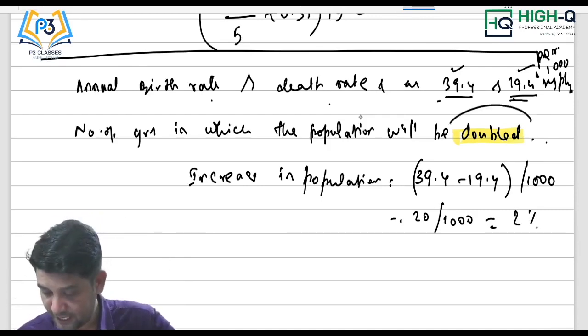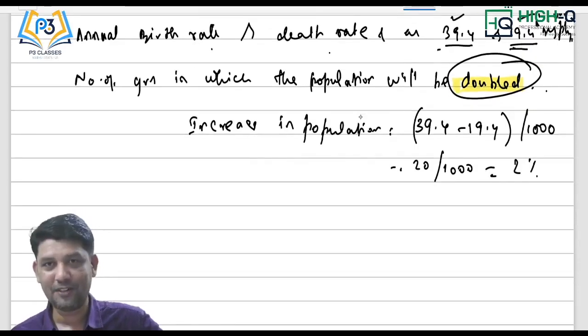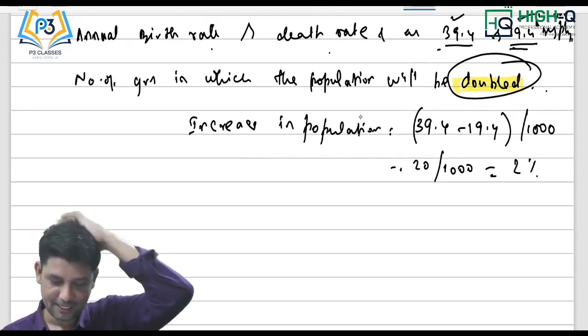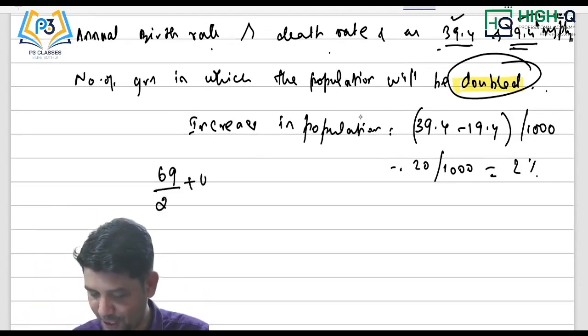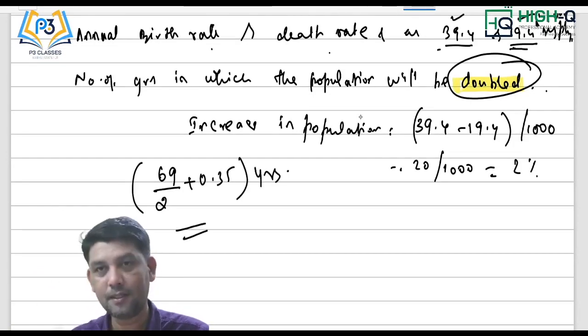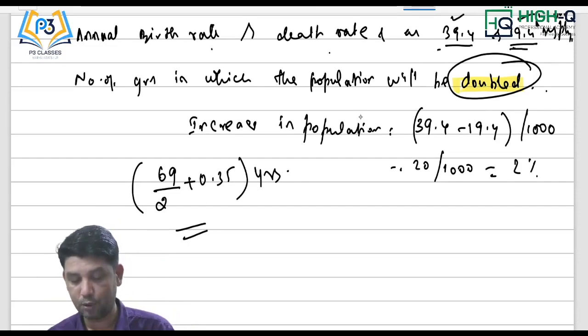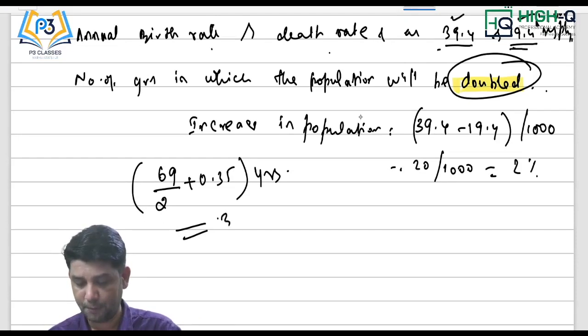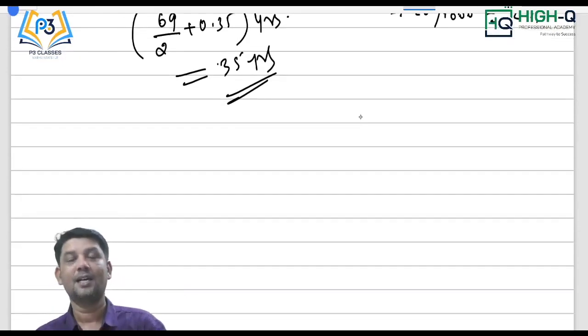Now here, since it is doubled, we need to find the number of years. Sir, compound interest, doubled, sir. See, simply what to do: 69 by 2 plus 0.35 years. Answer over. What is 69 by 2, my dear? 34.5 plus 0.5. Approximately 35 years you will get.